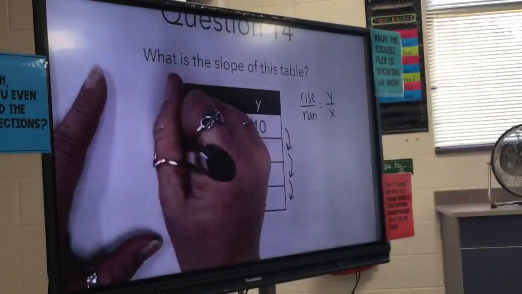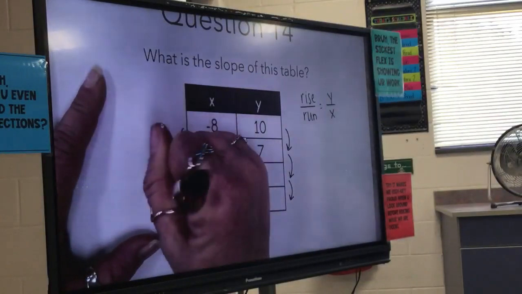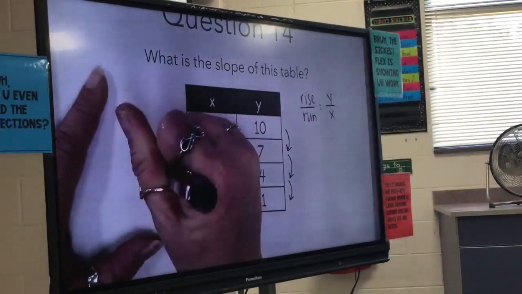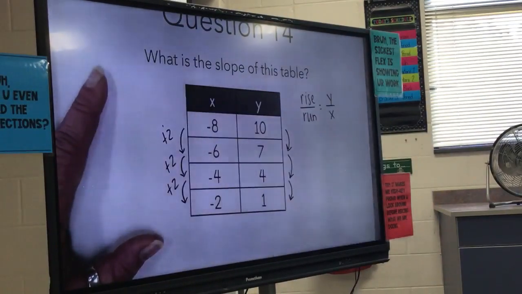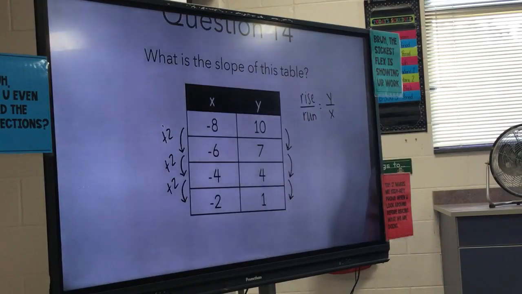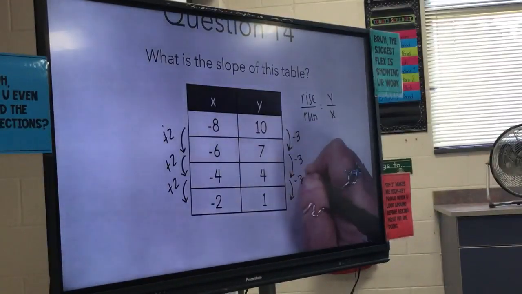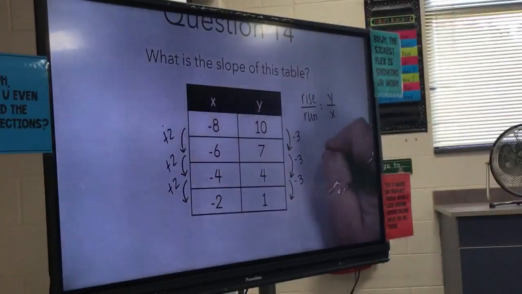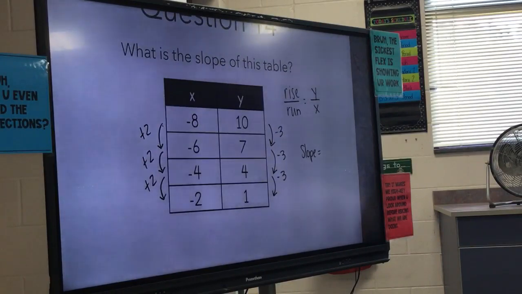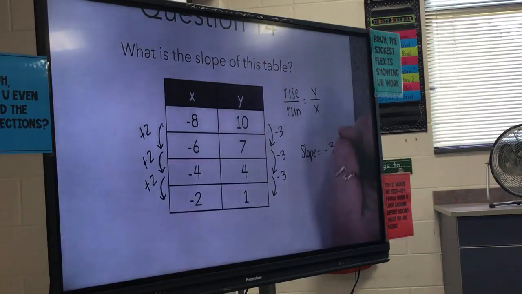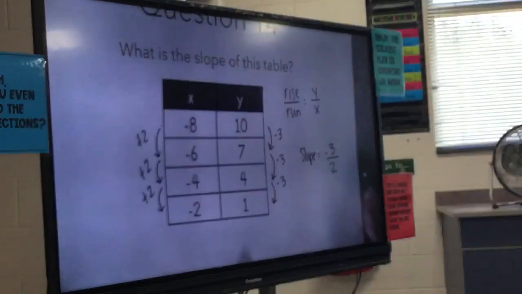For the x. And you feel that way all the way down? Okay. And then what's the y? Minus 3. All the way down. So then my slope becomes, what's my slope? Negative 3 over 2. Okay, good job.